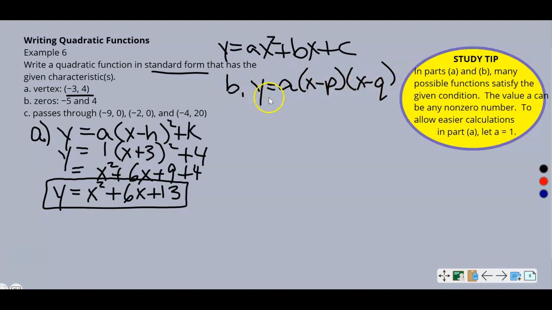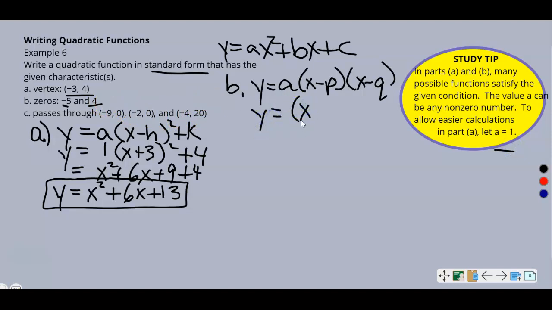This is just your formula that stands for all quadratic equations in intercept or factored form. Now, given the zeros, I can plug those in for p and q. Again, we can assume a to be 1. It's saying let a be 1, so we're going to do that.